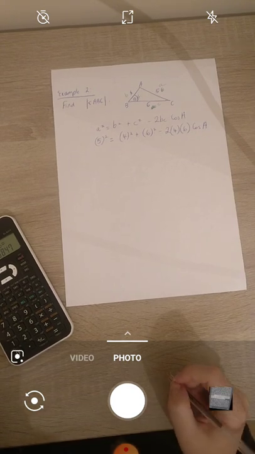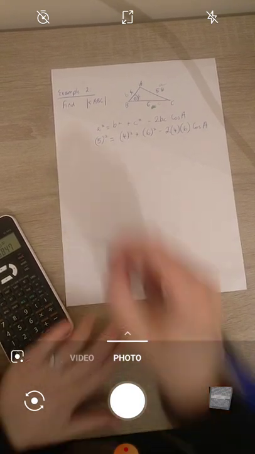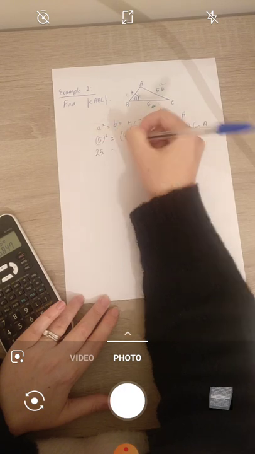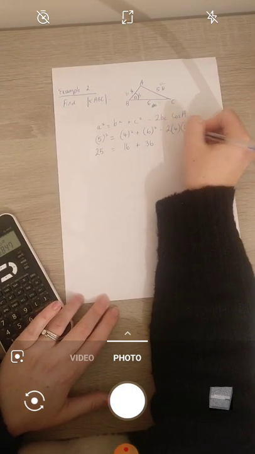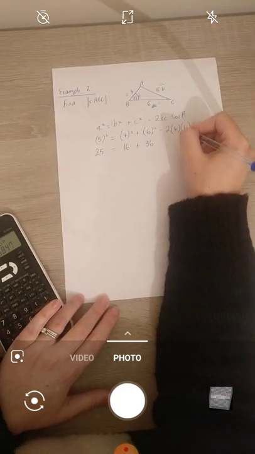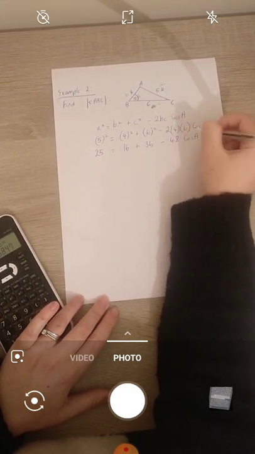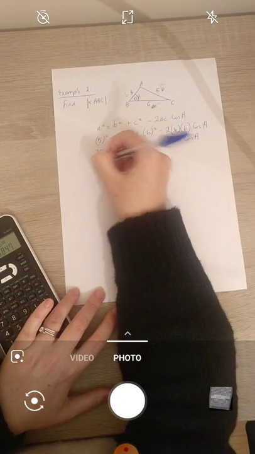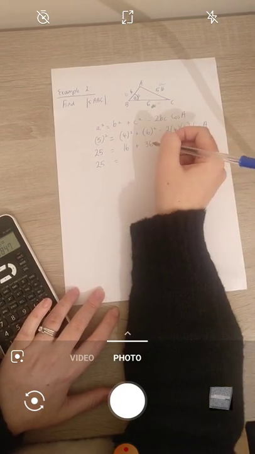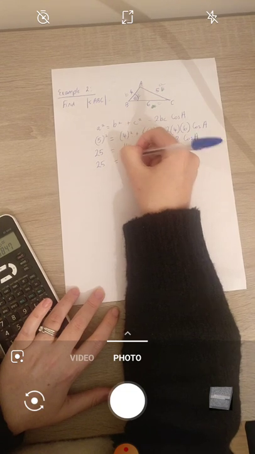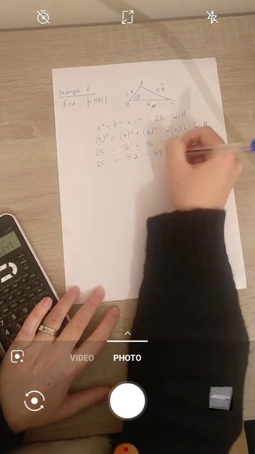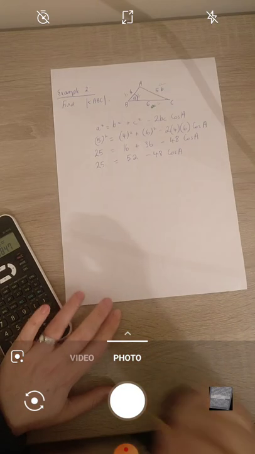So there's a little bit more work this time. 5 squared is 25, 4 squared is 16, 6 squared is 36, 6 fours is 24, multiplying these two brackets first, and 2 times 24 is minus 48 cos of A. 25 equals 16 plus 36 is 52, minus 48 cos of A. I'm going to stop at this point here to explain.